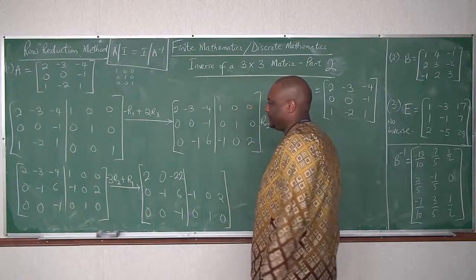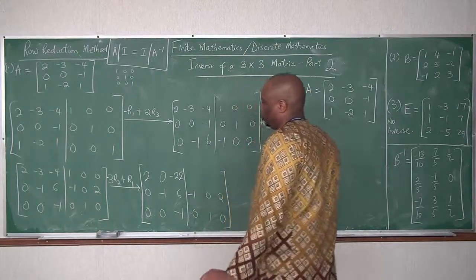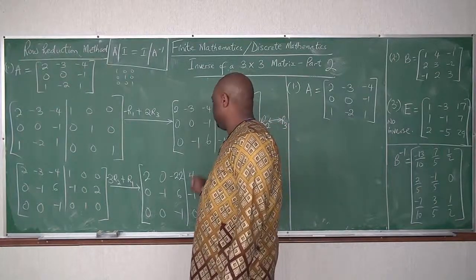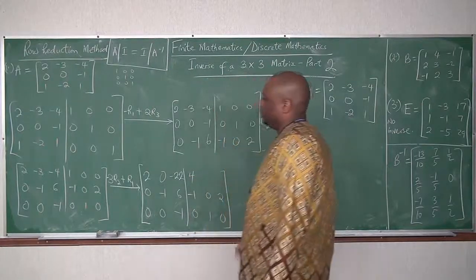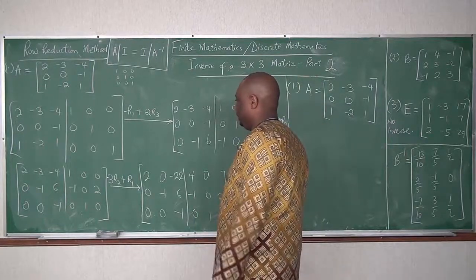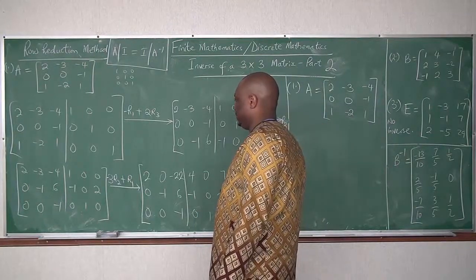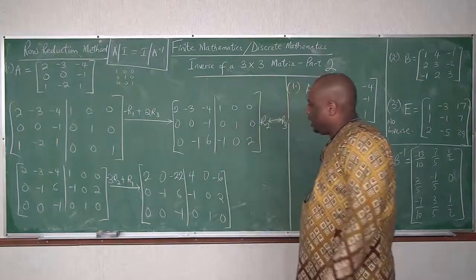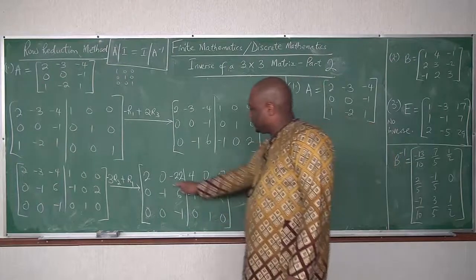Negative 3 times negative 1 is 3. 3 plus 1 is 4. 0, 0 is 0. And then negative 3 times 2 is negative 6 plus 0, negative 6. Okay, so we've made this guy 0, 0.